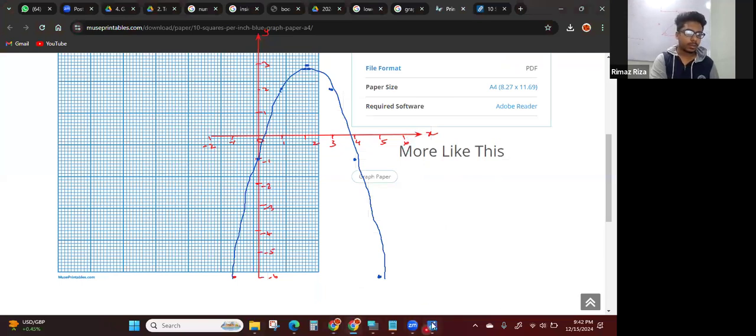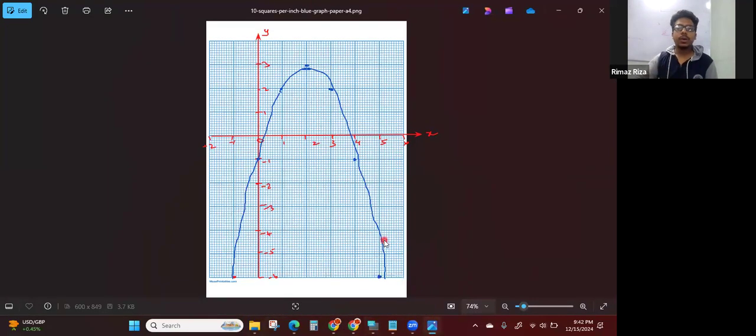Here are the key things I want to tell you. When you are drawing this graph, the mistake that students make is that you have to take each interval the same. These 10 squares, so the 10 squares have to be the same everywhere.